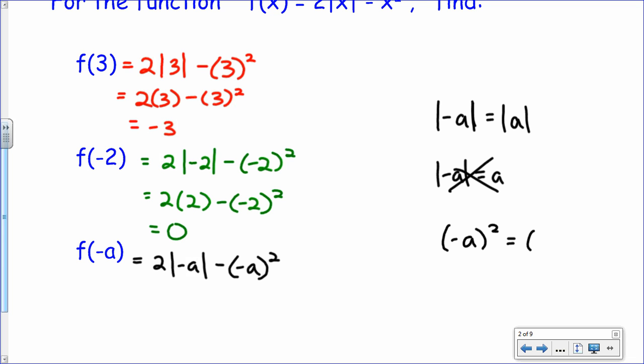Negative a squared is a squared, because you're always going to have a positive. But even if a started out as negative, when you do a negative number squared, you still get a positive. So these are kind of two pieces that we need to know.